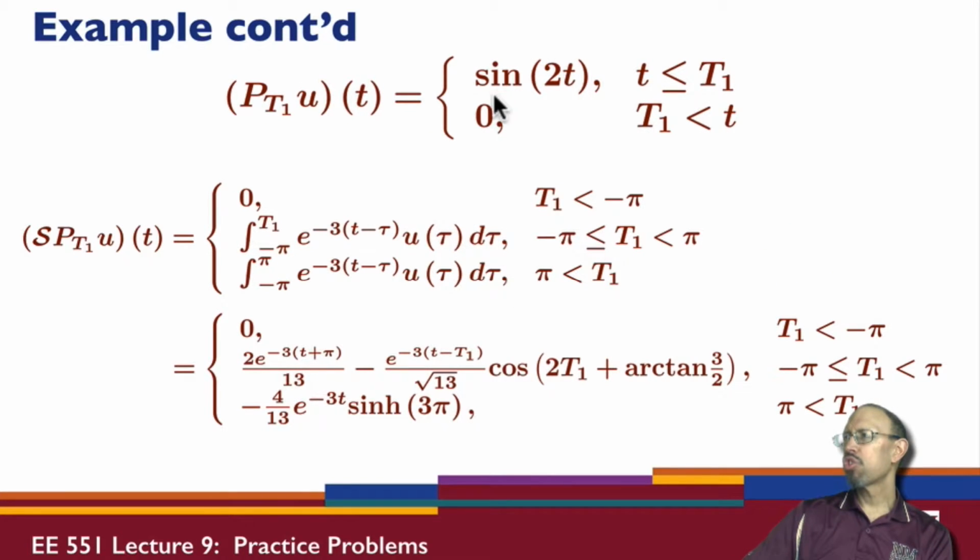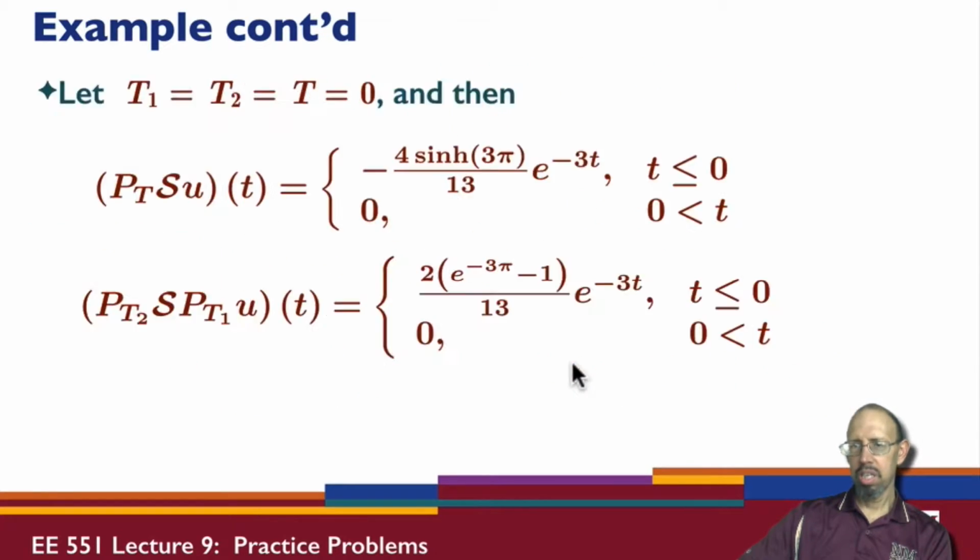If now I first truncate the input signal and then operate on it by S, then I get this expression, which is kind of nasty, but it shows that the output is much more complicated than just applying the original input to the system. If we simplify this, we get this expression. And we can see that this expression for the output is not the same as the original expression.